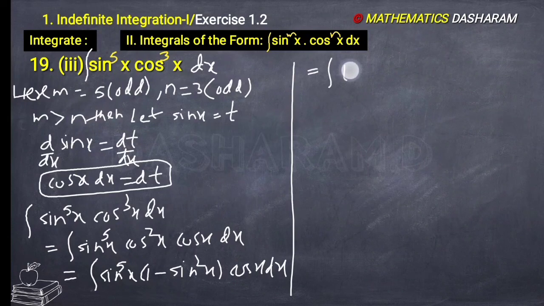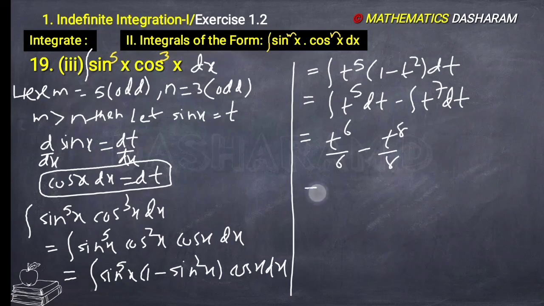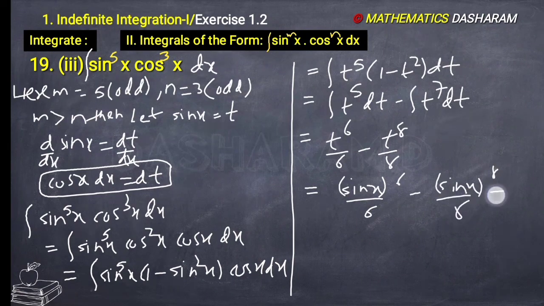Integration of t to the power of 5 into 1 minus t square, where cos x dx equals dt. Integration of t to the power of 5 dt minus integration of t to the power of 7 dt. So t to the power of 6 by 6 minus t to the power of 8 by 8. And the t value is sin x. So (sin x) whole power 6 by 6 minus (sin x) whole power 8 by 8 plus c. So this is the required answer.